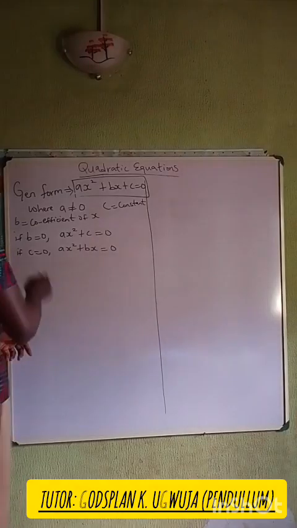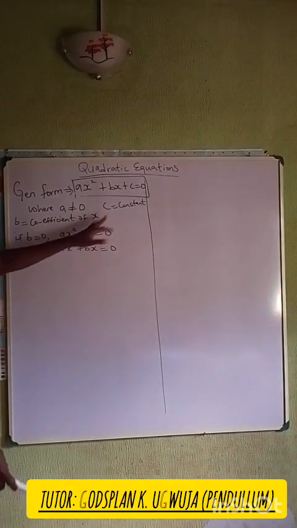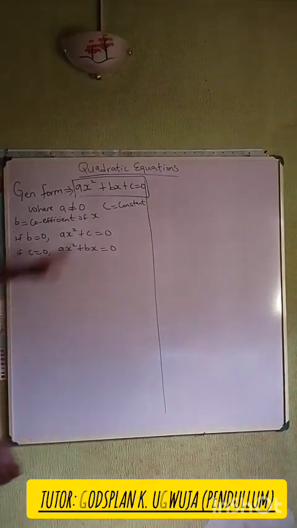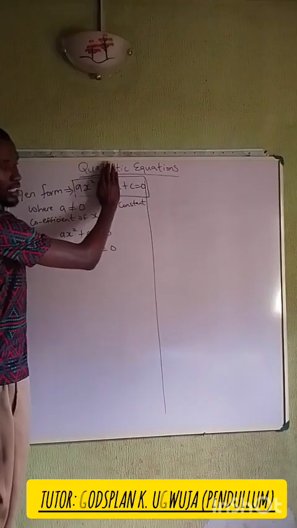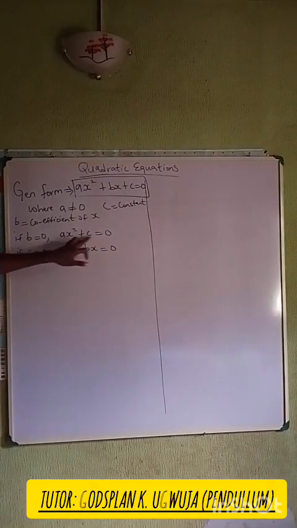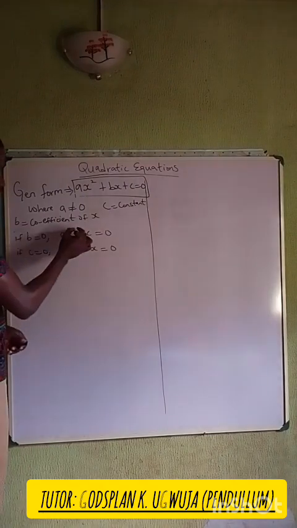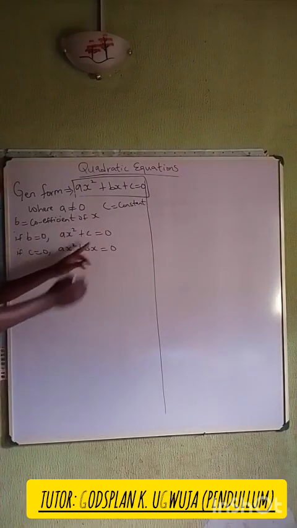Now like I said, b is the coefficient of x, the number beside x, and c is a constant. If b is 0, that means there will be nothing here. You can see everything here will disappear, so we are going to be left with ax squared plus c. This is the format when b is 0, so there is no term in x raised to power 1.